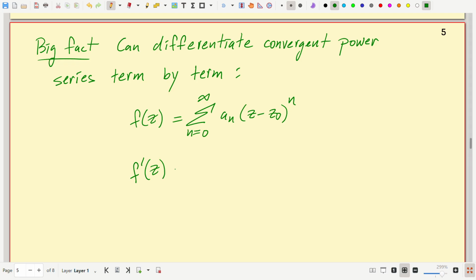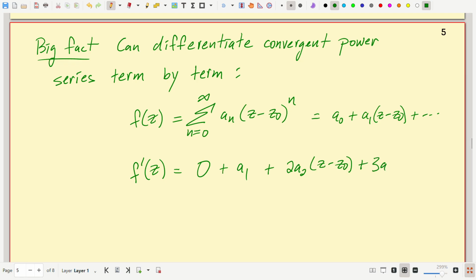When I differentiate it term by term, the a naught, that's a constant term, would be 0, plus a1, the next term would be 2 a2 times (z minus z naught), plus 3 a3 (z minus z naught) squared, plus dot, dot, dot.